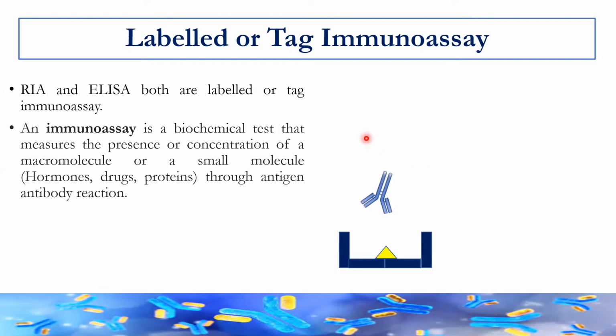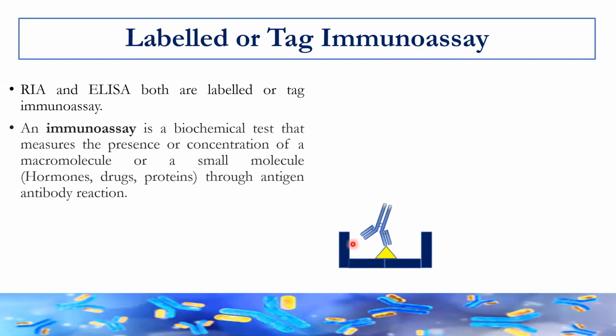The antibody is specific to the antigen, and this antibody will bind to the antigen. And this specificity we are using to find out the concentration of a molecule through antigen antibody reaction.